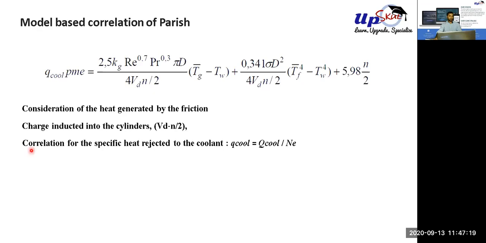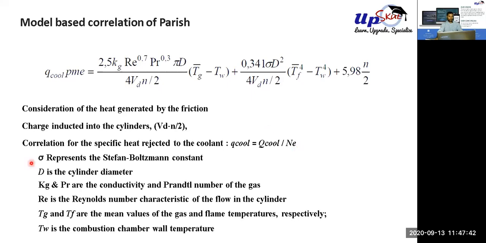And then the correlation for the specific heat rejected to the coolant, for example here. This is specific heat rejection, that means heat rejection per unit of power generated. This any means power generated, I did not change the default term. As you can see, it considers radiation, because we have the Stefan-Boltzmann constant here. It considers the cylinder diameter. This way it calculates the friction.